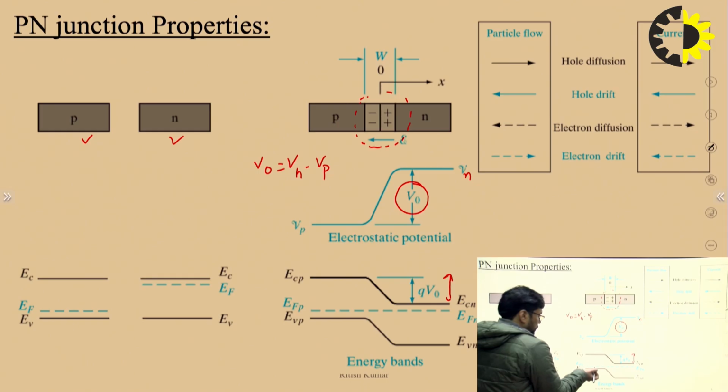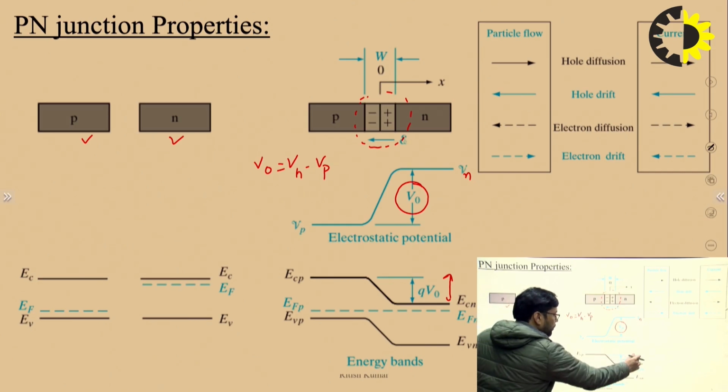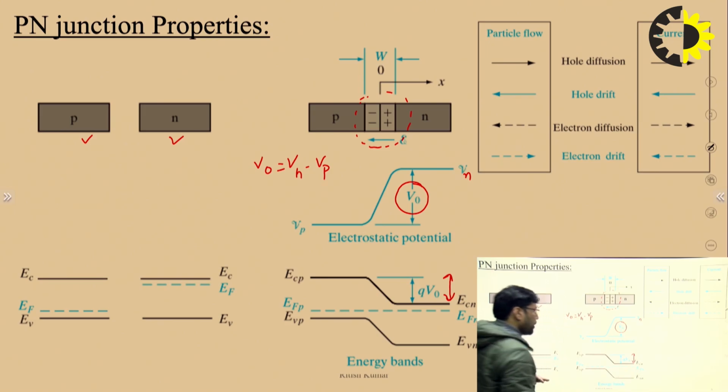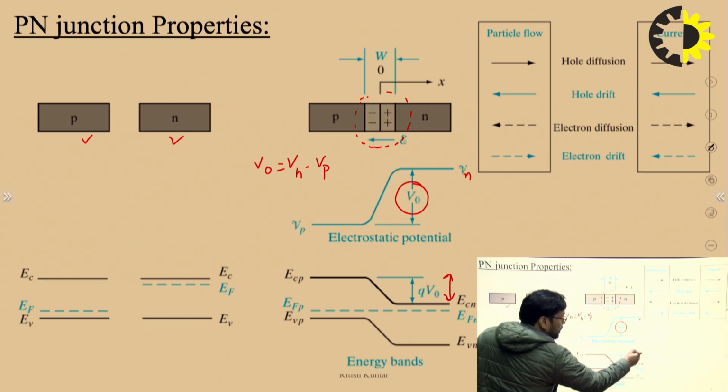So how do you make the difference? We have a contact potential, or barrier height.